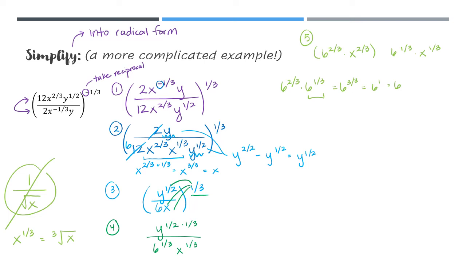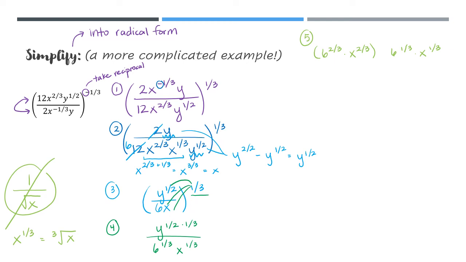So if I multiply by 6 to the 2/3, all of a sudden I don't have that rational exponent. Same idea with x. X to the 2/3 times x to the 1/3, we're just going to get plain old x. So that's what we're kind of aiming to do, picking fractions as exponents that will help us get rid of those rational exponents.